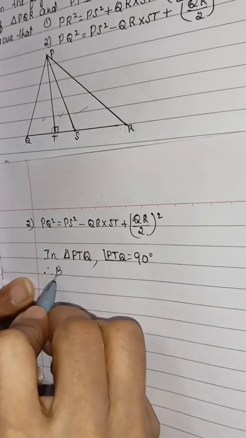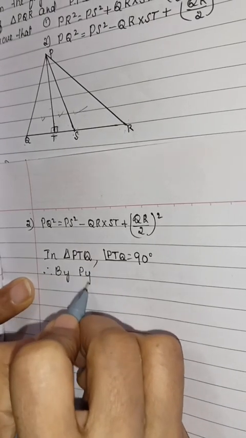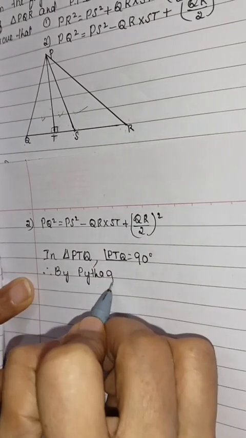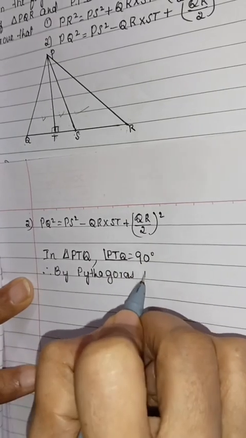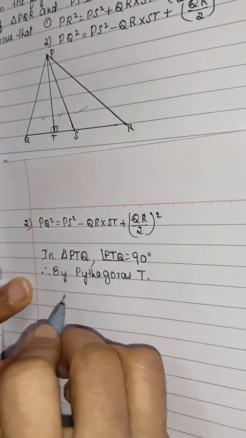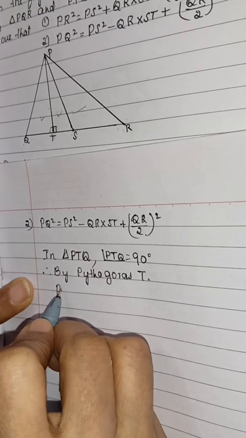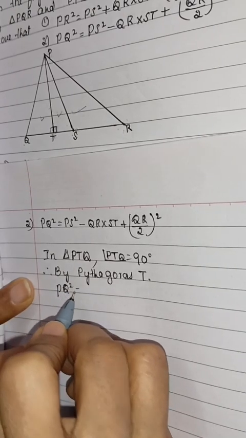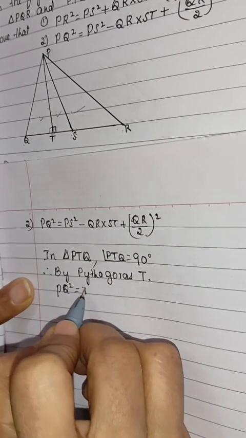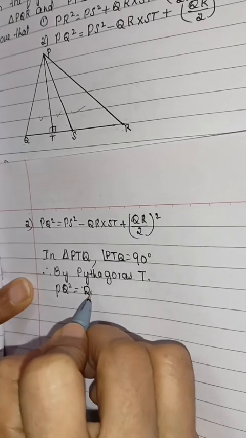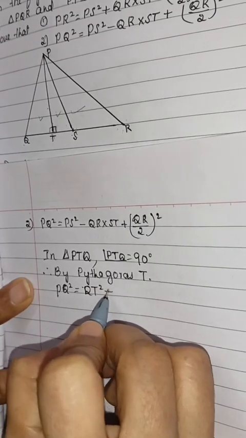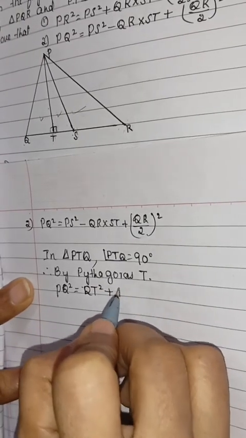Therefore by Pythagoras theorem, PQ square equal to QT square plus PT square.